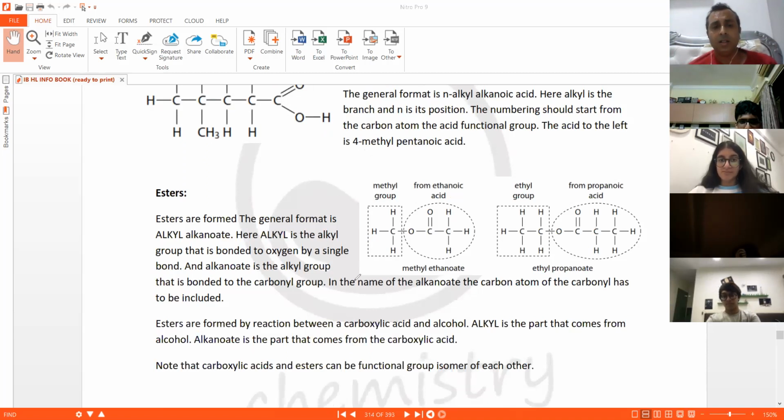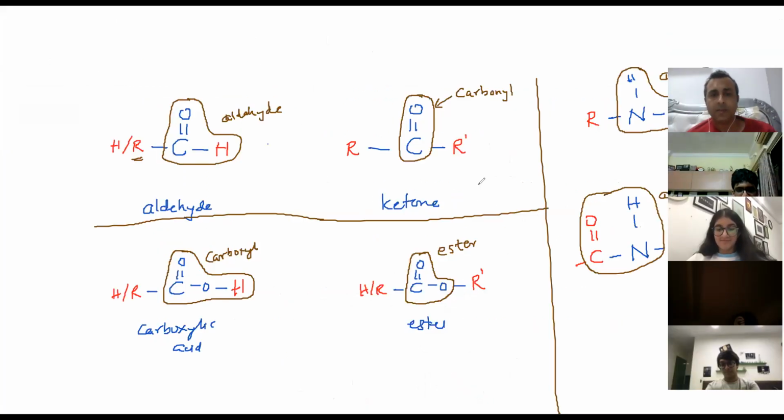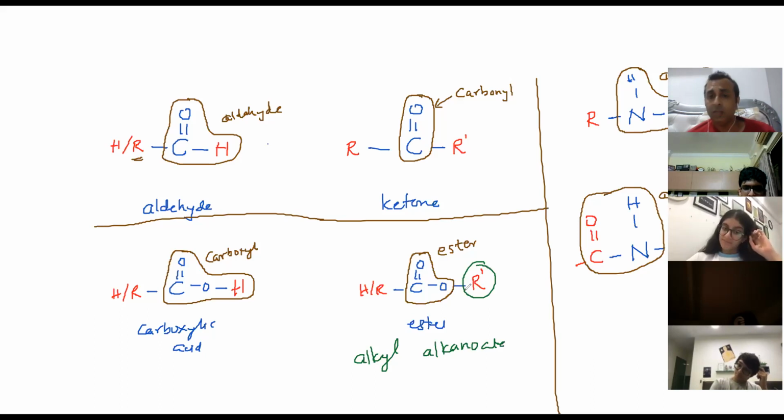In esters, the general name is alkyl alkanoate. Now this is alkyl, the one bonded to the single bond O, that is alkyl. So you have to see how many carbon atoms are there in this alkyl.